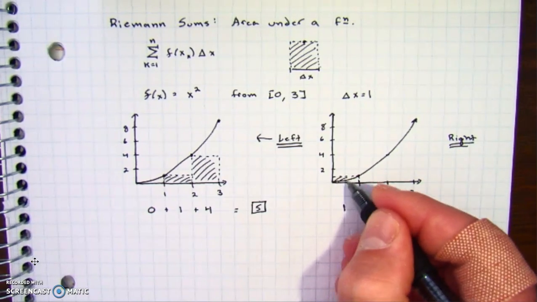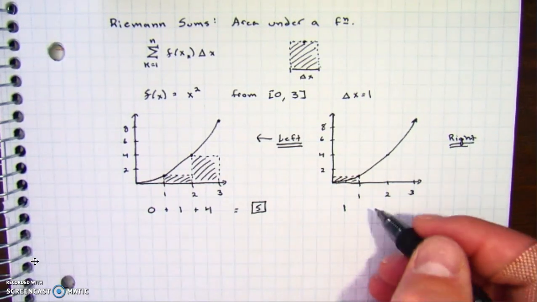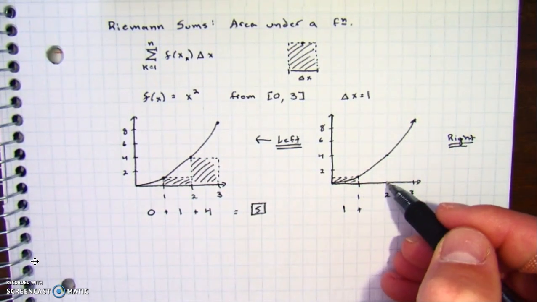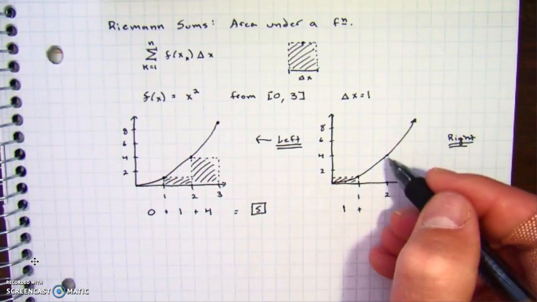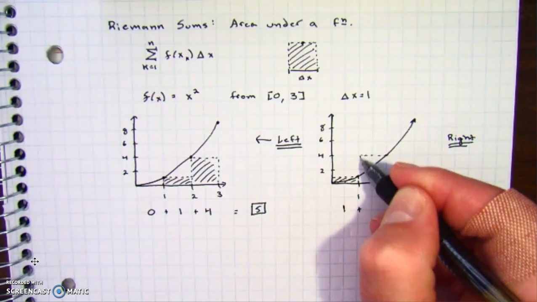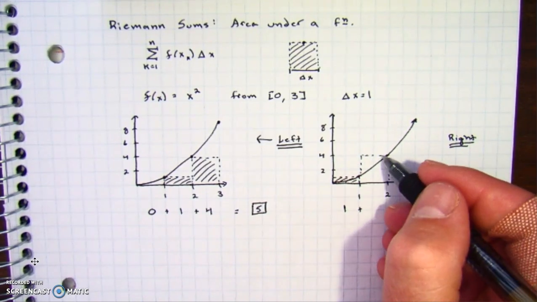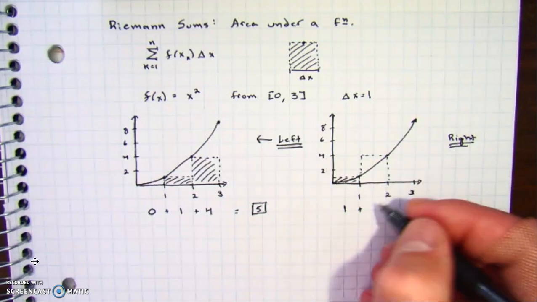That's just 1. All right, now the second chunk, we're going to take the right end point, so that's going to be 2. So this one's going to have a height of 4 and a base of 1.